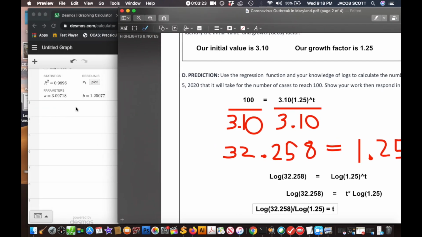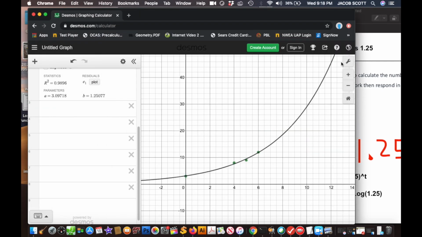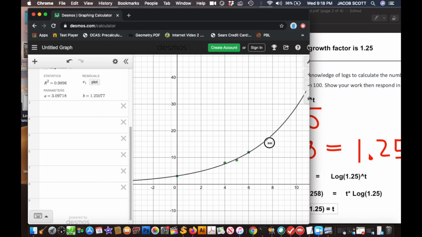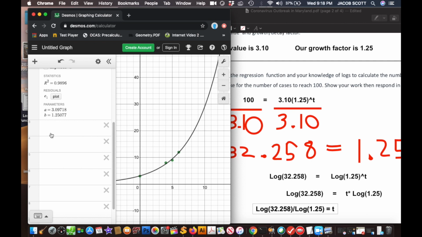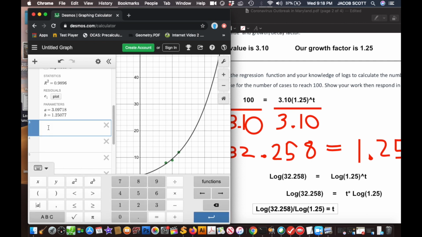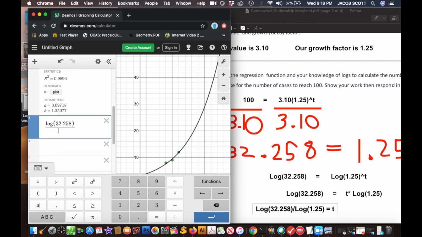Okay, Desmos, let's talk numbers here. Let me adjust the screen so you guys can see. This is what I want to know, Desmos. I want to know log of 32.258 divided by log 1.25.